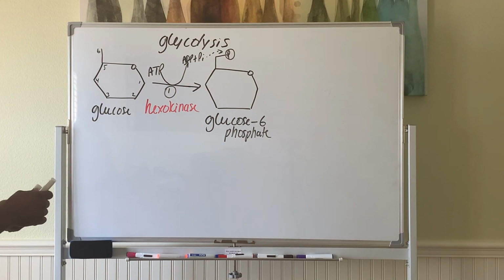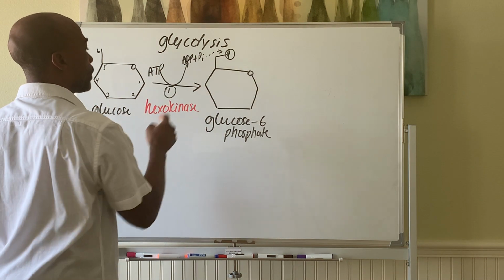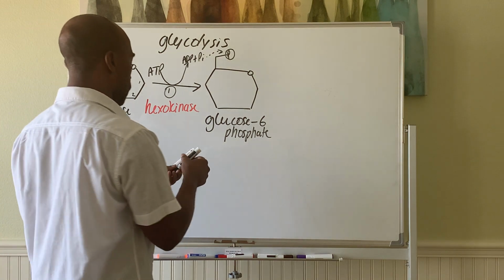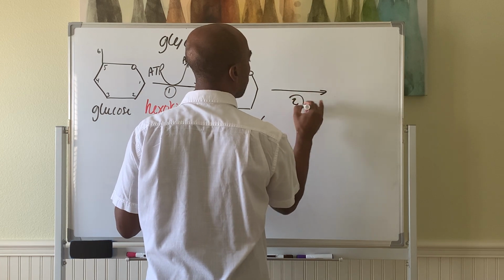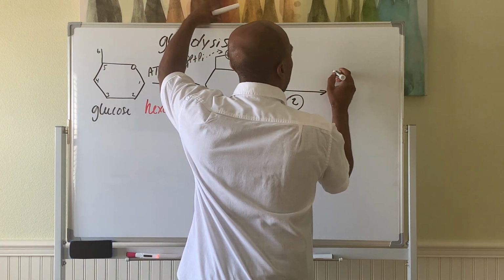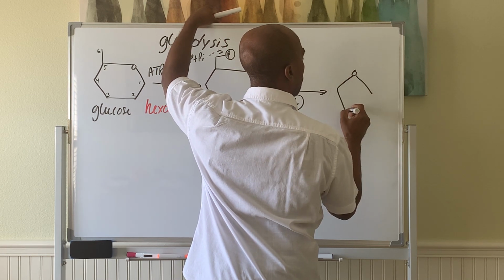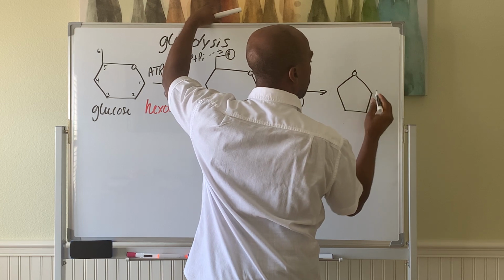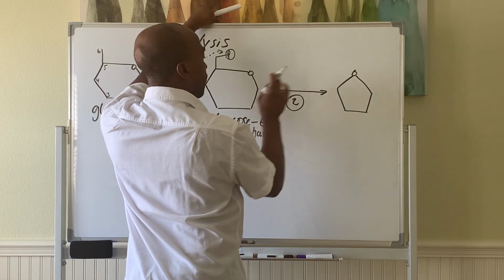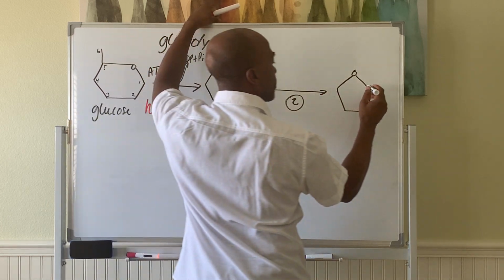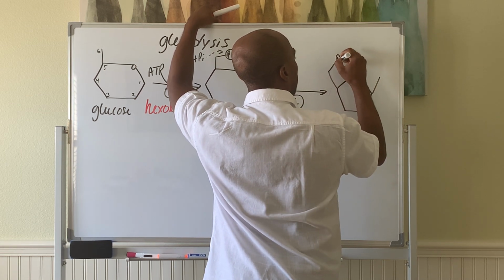Then in reaction 2, we will convert this glucose into fructose, one of its isomers. Okay, so in reaction 2, you convert glucose to fructose, and now instead of having 5 carbons in the ring, you'll have 4 in the ring instead. You can push one out here, and still here you have the phosphate groups there.